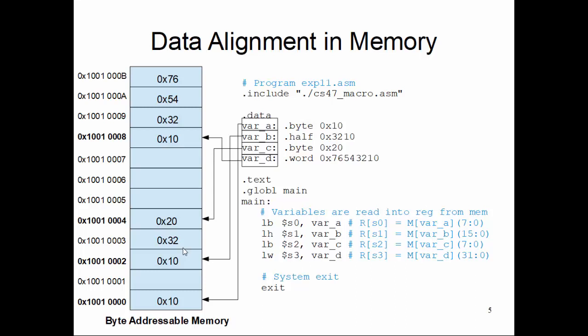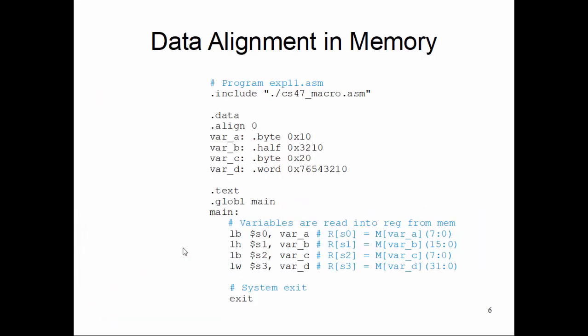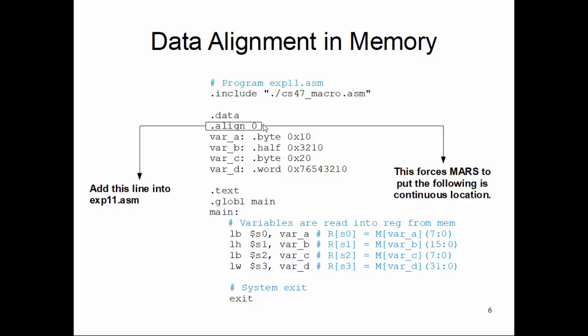Now, same code, let's make an addition of the line .align 0, and we'll see what happens. For this .align, please look at your textbook's last appendix, where it talks about all the different directives and instructions. .align 0 forces Mars to put the following data into continuous locations.